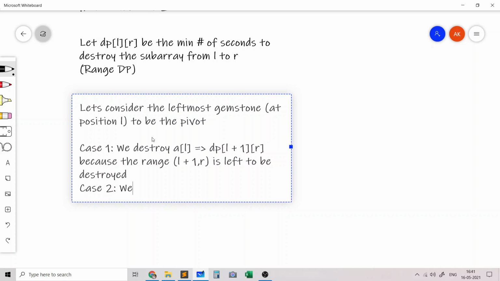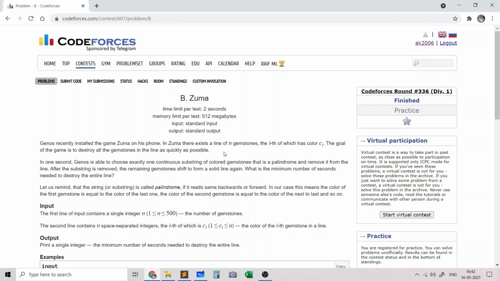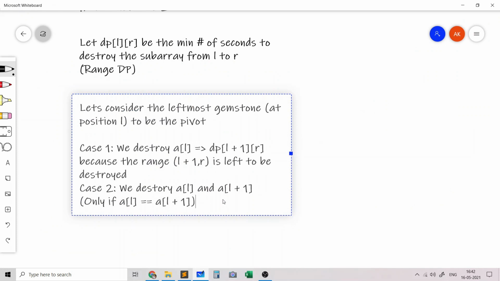In the second case, let's say that we destroy the leftmost gemstone and the one after the leftmost gemstone. So let's say that we destroy these two indices. This case is valid only if these two are equal, and the reason why these two should be equal is because this contiguous substring should be a palindrome, and if these two are equal then it is a palindrome.